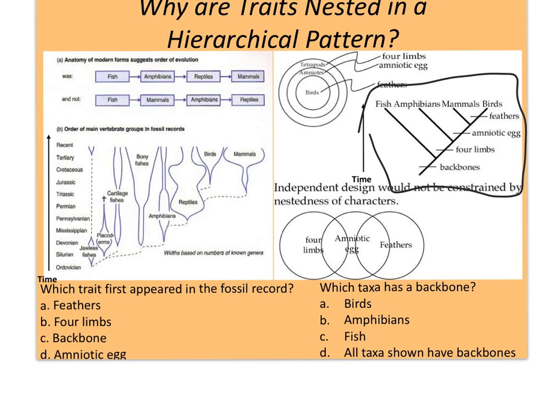These other traits define clades, that means define groups. So four limbs defines all the tetrapods, including the amphibians, the various reptiles, mammals, birds, all those things have definitive unique features that define them.